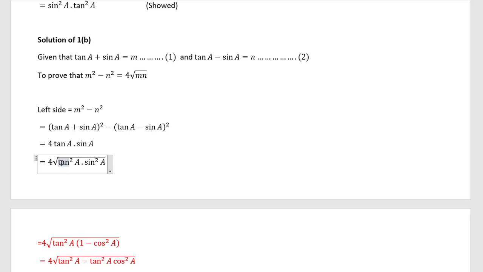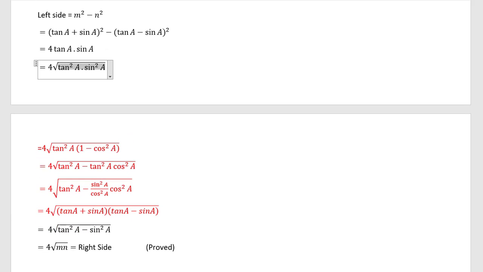We have to convert this expression tan square a into sin square a to tan a plus sin a into tan a minus sin a. We have to convert this like this, m into n. So how to do this?